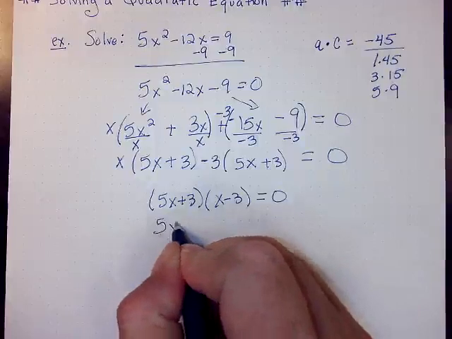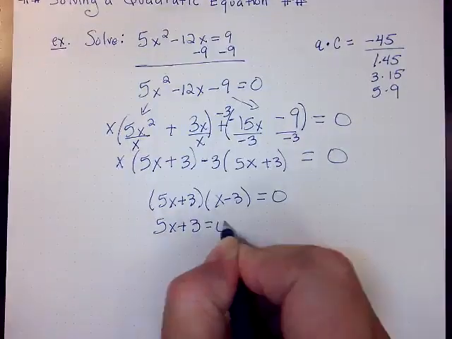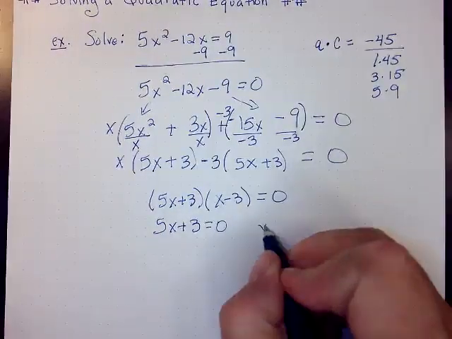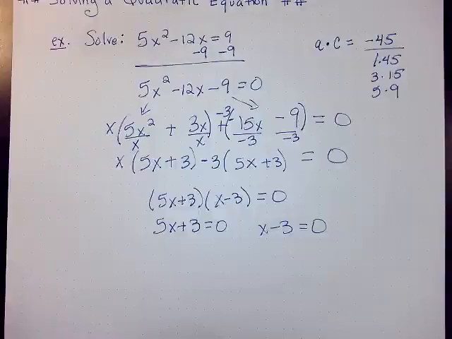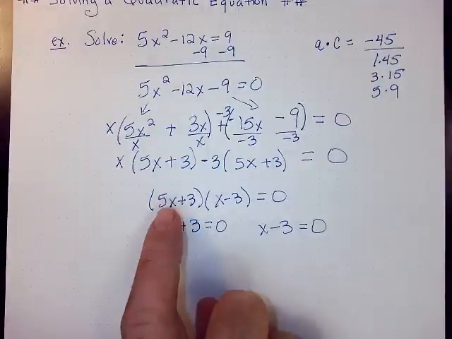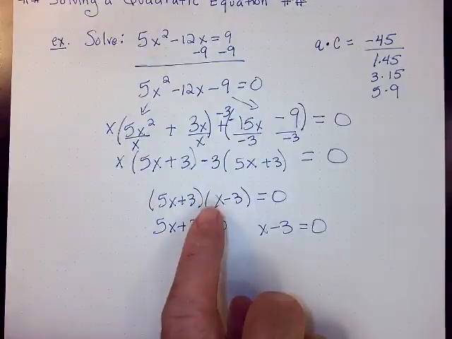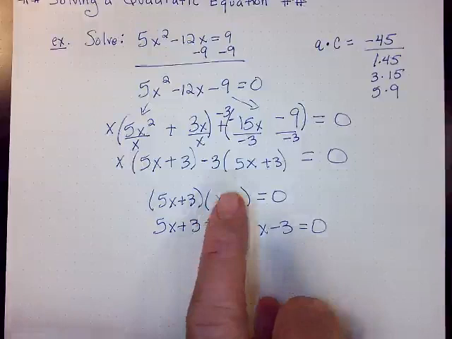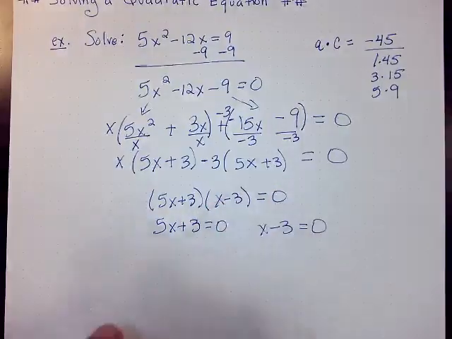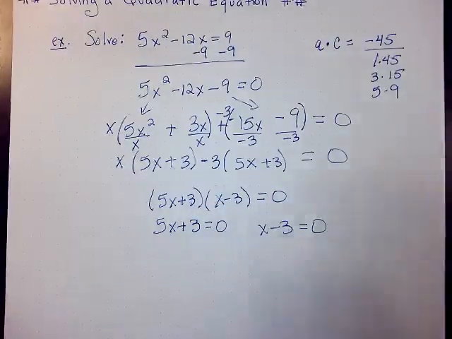So I will have 5x plus 3 equals 0 and x minus 3 equals 0. And if you think about that, if one factor is 0, then it doesn't matter what the other factor is. 0 times anything is going to be 0, and the reverse would also be true.